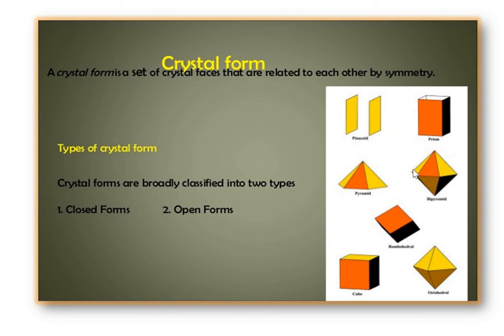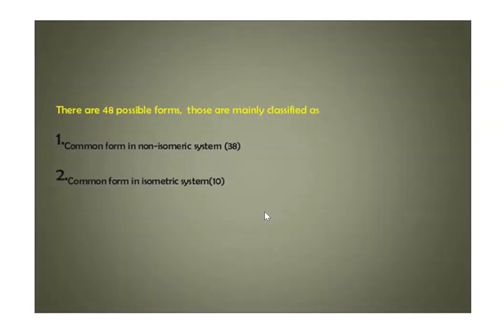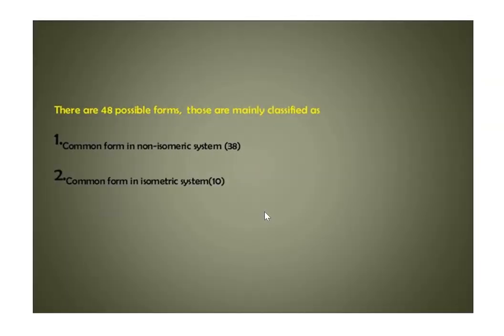Very interesting forms of crystals: pyramid, then octahedron, cube, prism, biprism, and this parallelepiped, etc. So these are the types of crystal forms. Basically, crystal forms are broadly classified into two types. One is closed form, and the second is open form. In all, there are 48 possible forms.